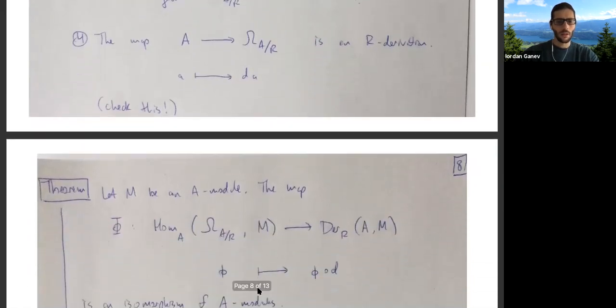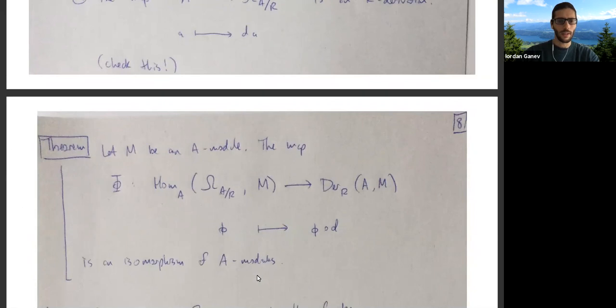And one of the important basic facts about Kähler differentials is that they encode derivations in the following way. If we have any A module M, and we want to understand derivations from A to M, so we saw that these derivations are related to tangent spaces, there's some geometry going on, then those are the same as A-linear maps from the Kähler differentials to M. So Kähler differentials are an A module, M is an A module.